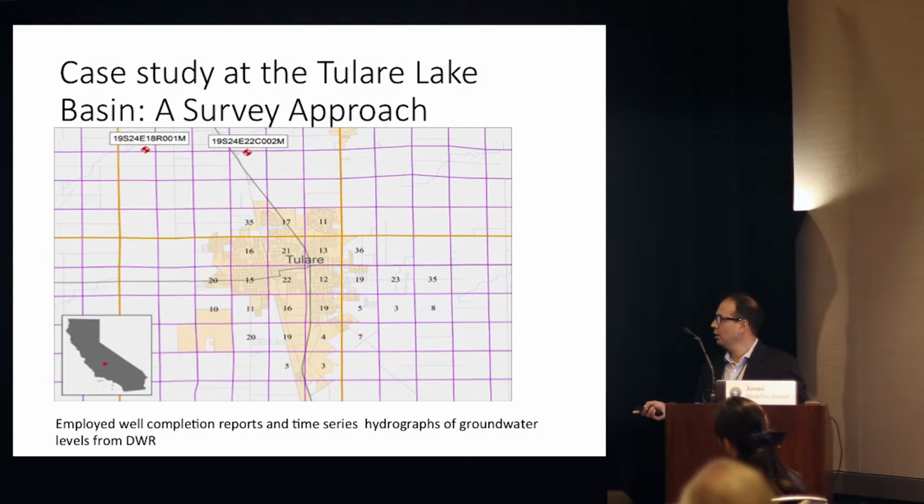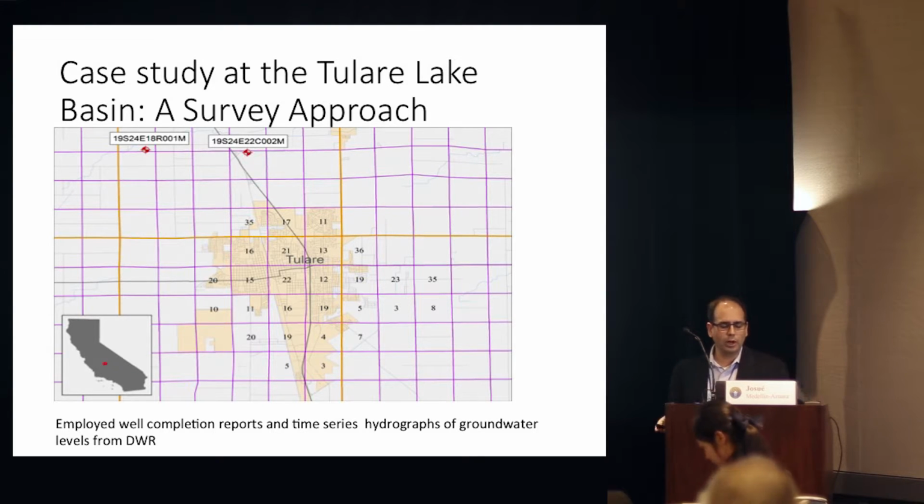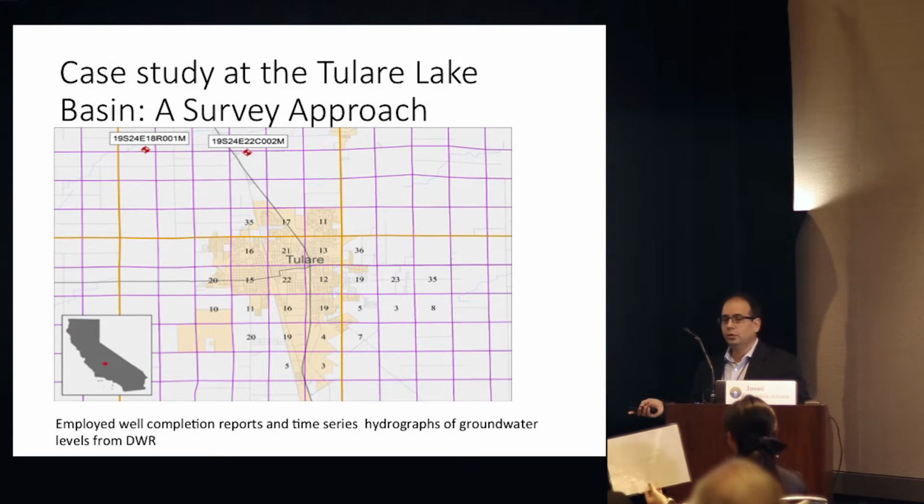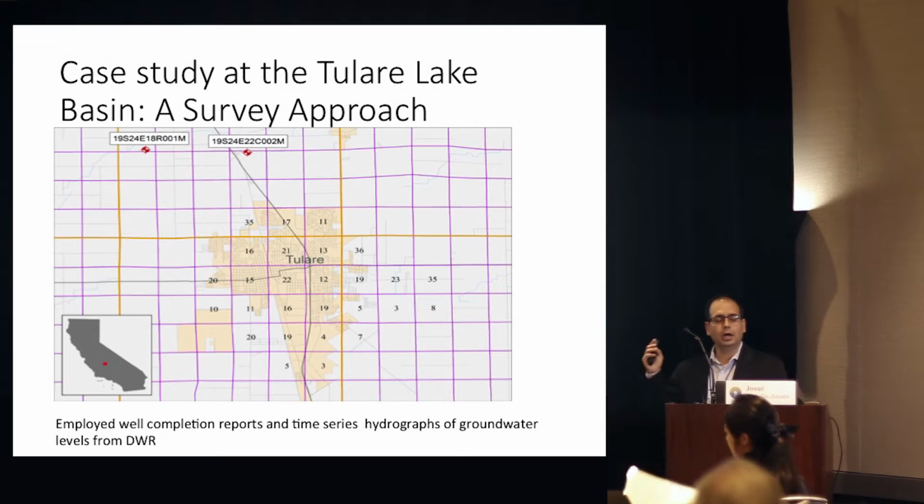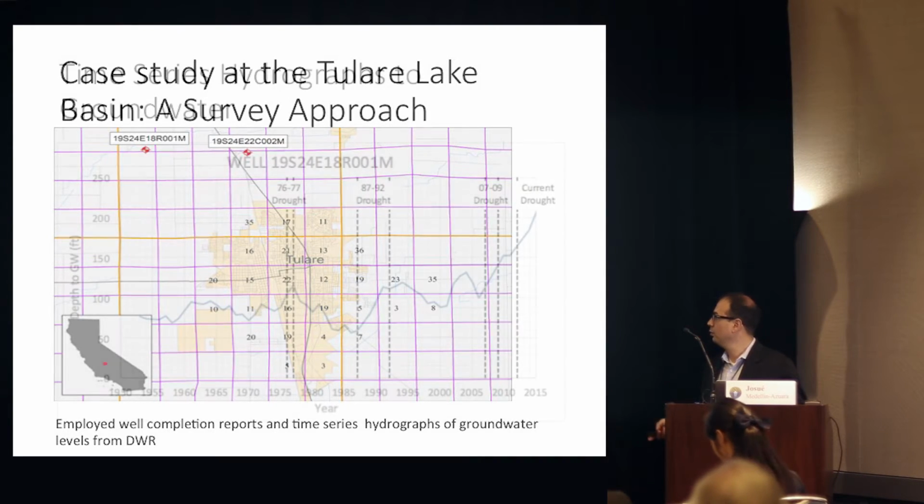This is the area near the city of Tulare. It's about 27 square kilometers, right here. And we employed well completion reports, and also we constructed hydrographs from groundwater levels, a time series over a certain period of time, to investigate how many of these wells will go dry over time and what happens especially during drought.